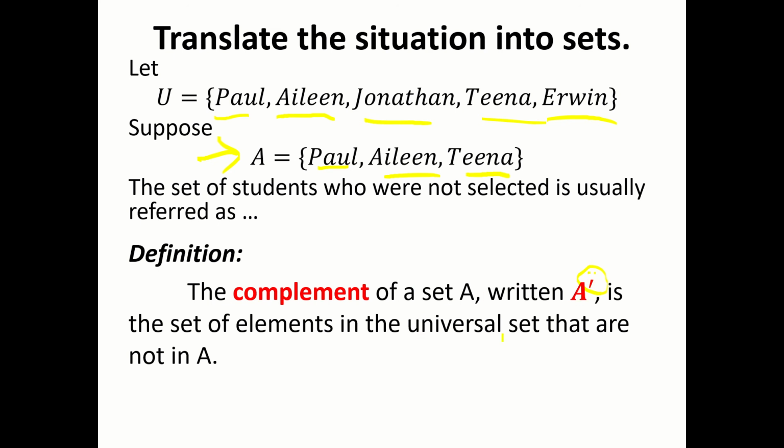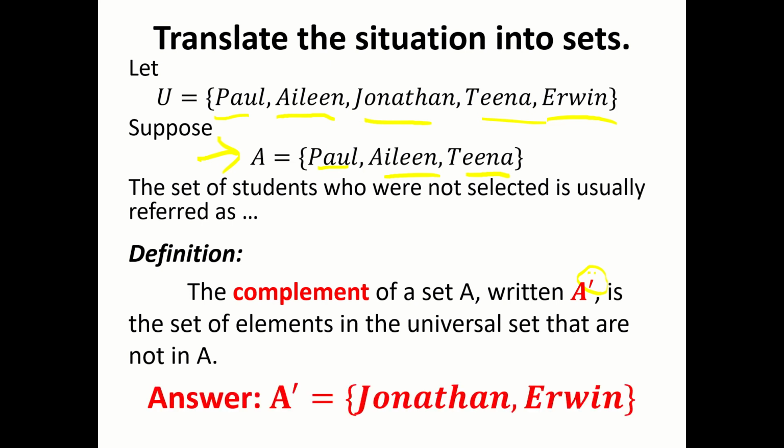It's a set of elements in a universal set that are not in A. So you are comparing it to our universal set, trying to figure out which elements are in the universal set but not in the set that we are considering. In our case here, we don't have Jonathan and Erwin in A. That's why the complement of set A is Jonathan and Erwin.